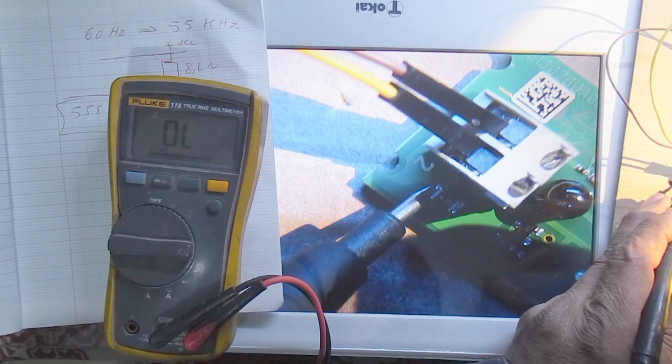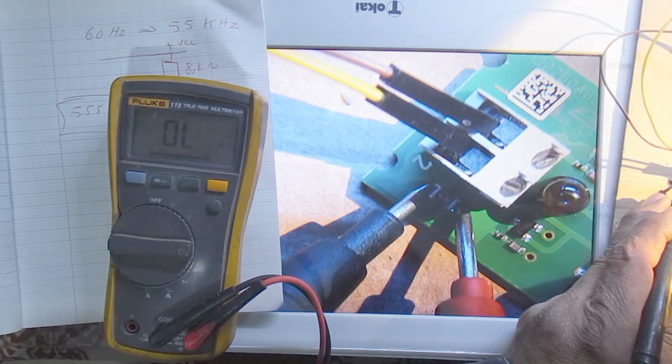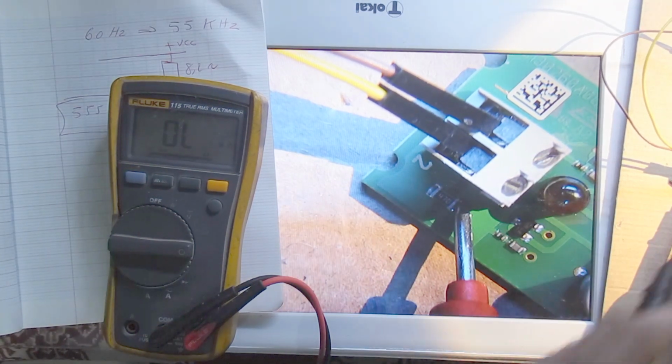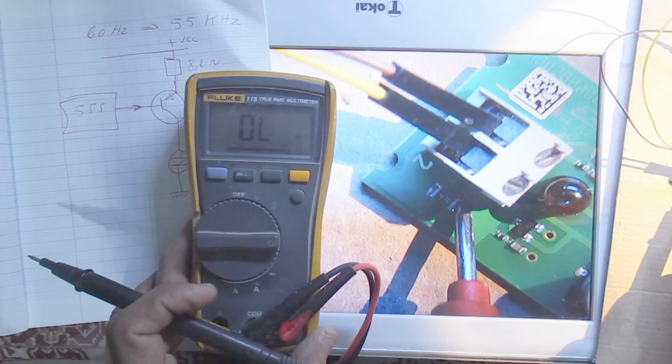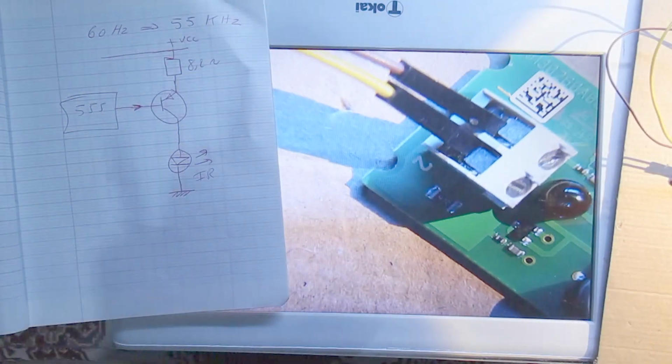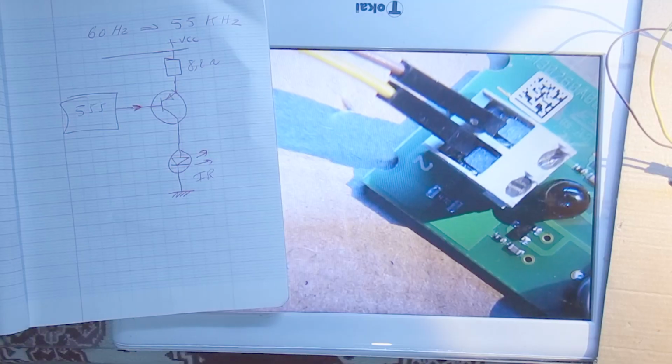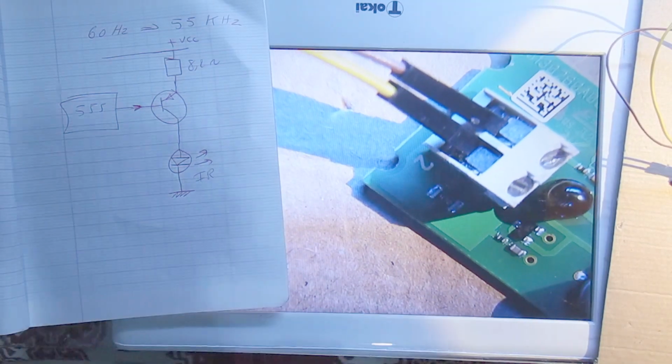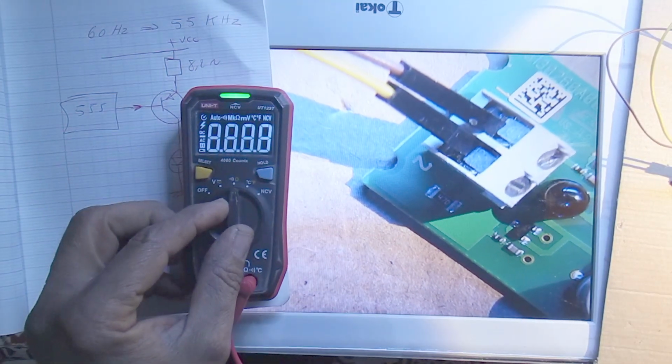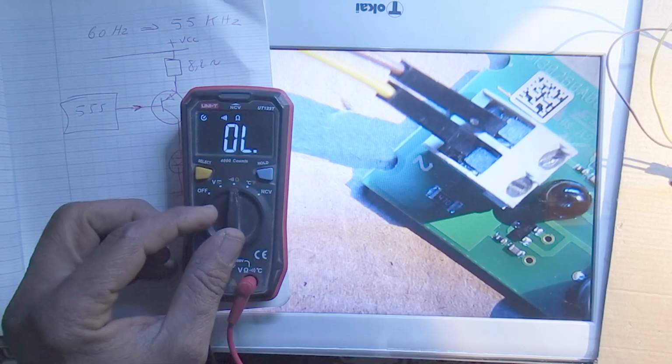It's connected here. The LED is not okay. I will bring my other meter. Each meter has its advantages and disadvantages. This one is more readable.